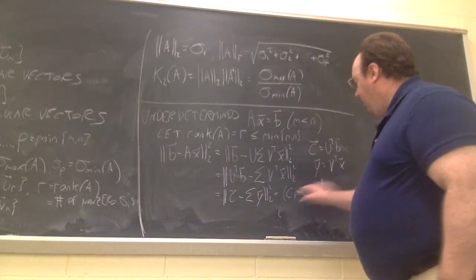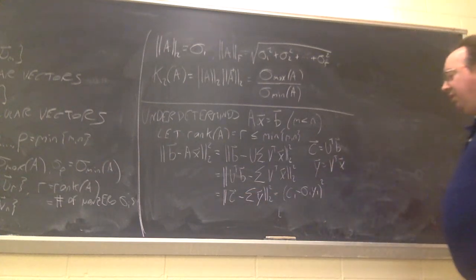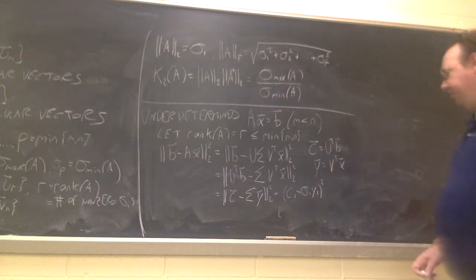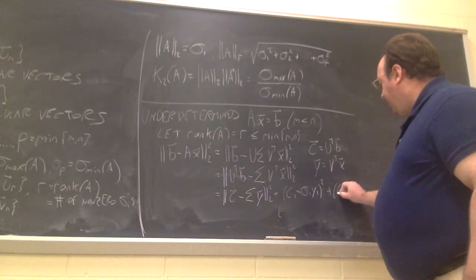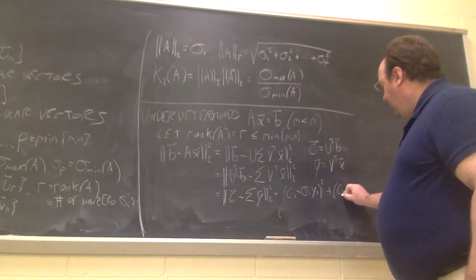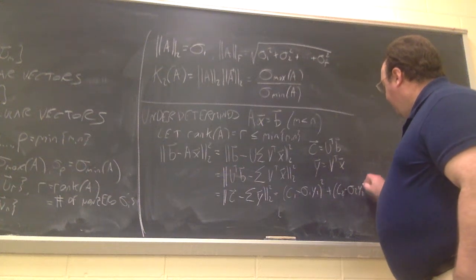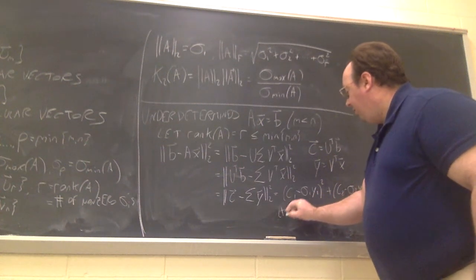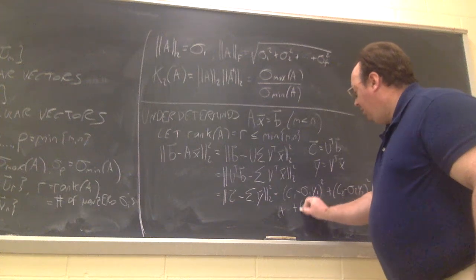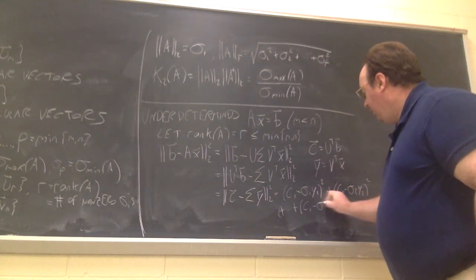And this is a Euclidean length, so it's a sum of squares. And then I have C2 minus sigma 2, Y2 squared, and so forth. And I'll keep going all the way to R.